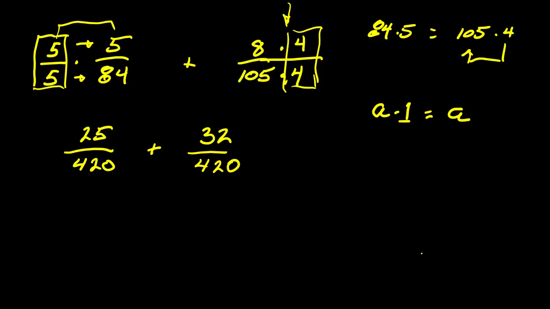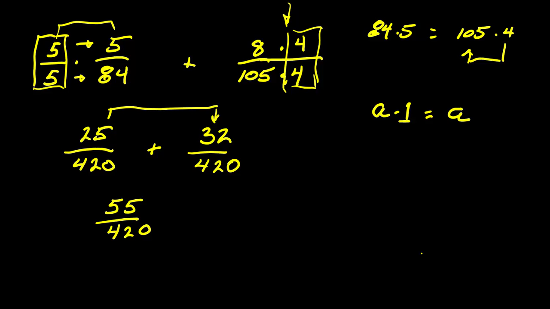Once we have a common denominator, the least common denominator, the least common multiple, to add fractions, you just add the numerators and keep that same denominator. 25 plus 32 looks like 55 over 420.